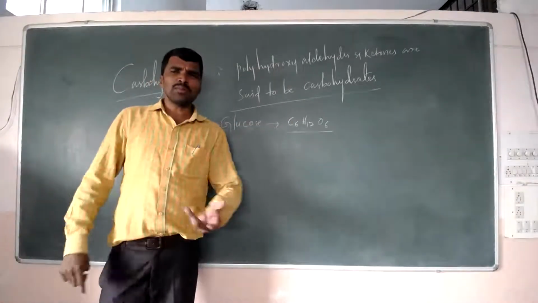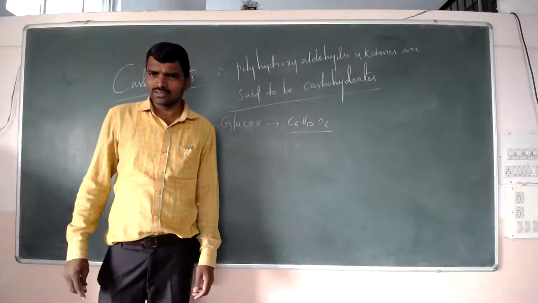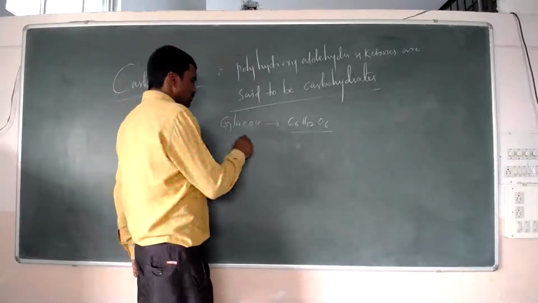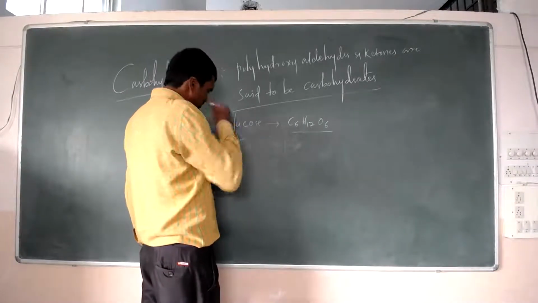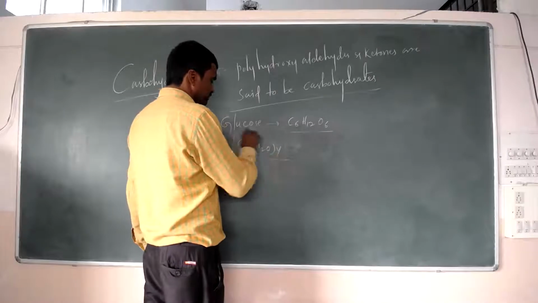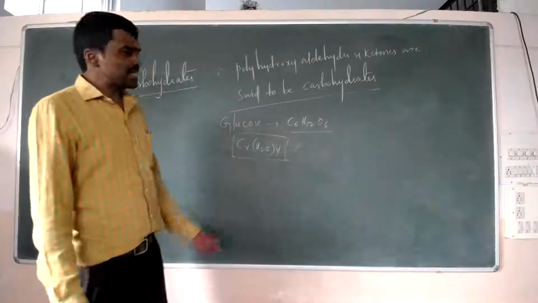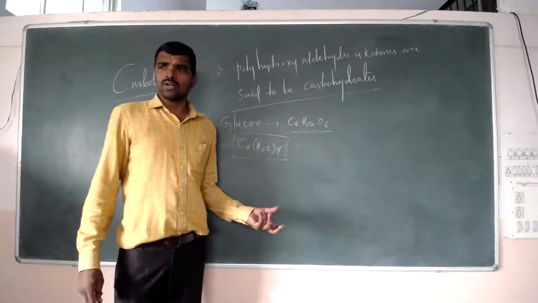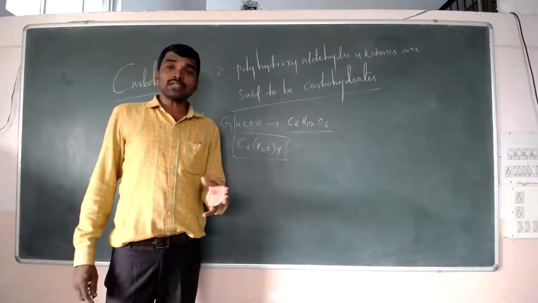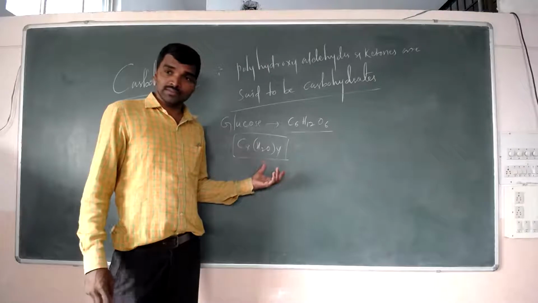Sir, is there any general formula for carbohydrates? If you want to write the general formula, it is CH2O taken n. Whatever the molecular formula of carbohydrates, it will fit in this one.